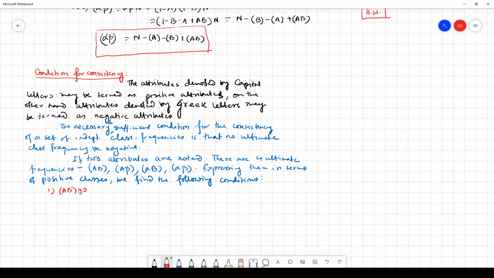AB greater than or equal to 0, AB greater than or equal to A plus B minus N, that is alpha beta greater than or equal to 0.